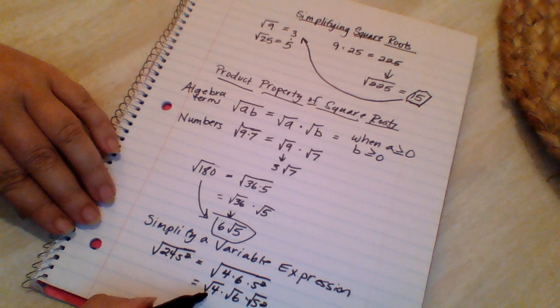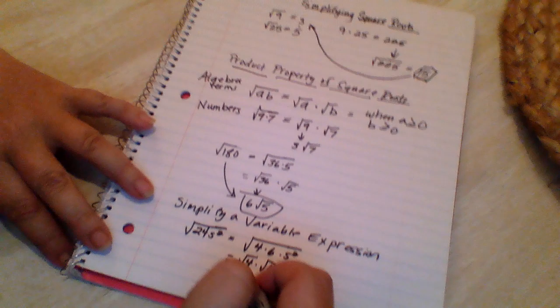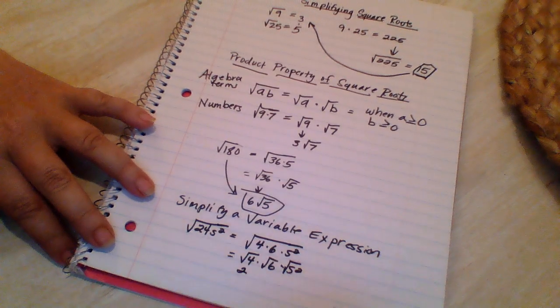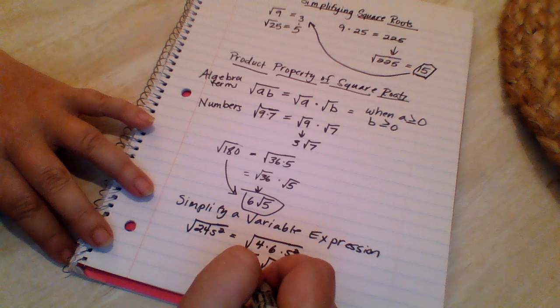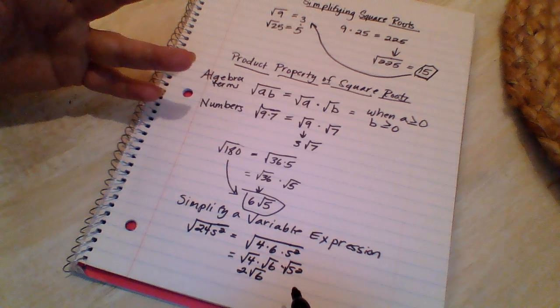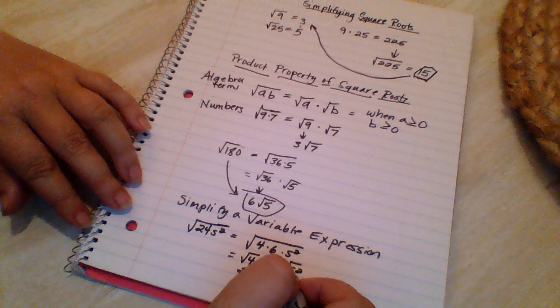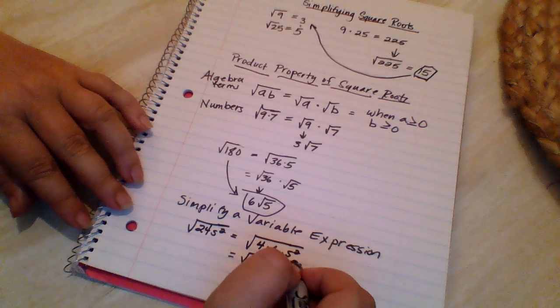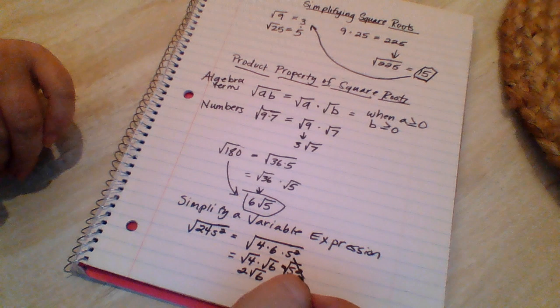So we know here that the square root of 4 is the same thing as 2. And the square root of 6 is just going to stay the square root of 6 because it's already in its simplest form. But look here, we have s squared and the radical sign. Well, those are the two operations that cancel each other out.